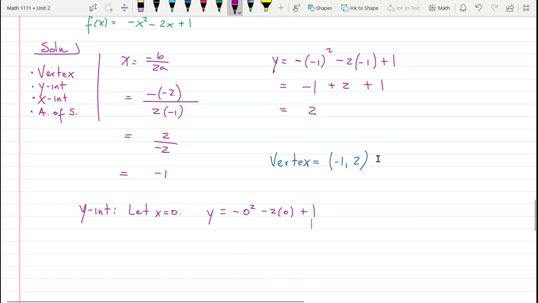So 0 squared is 0, 0 minus 2 times 0, so it's 0 minus 0, that goes away, and we're pretty much left with y equals 1. So the y-intercept is the point 0, 1.